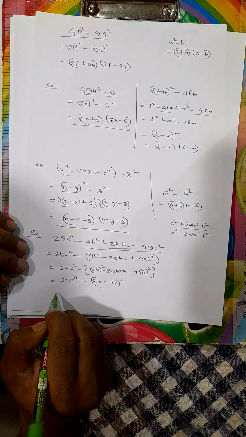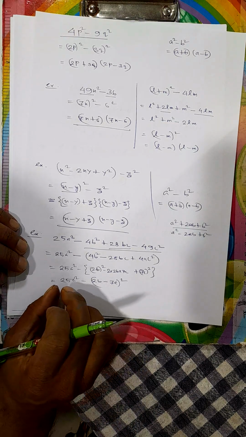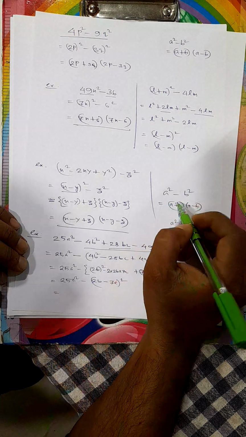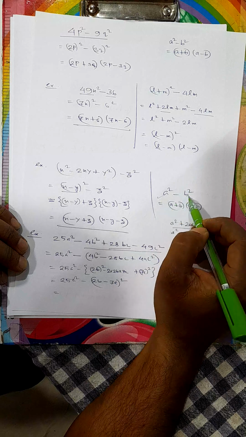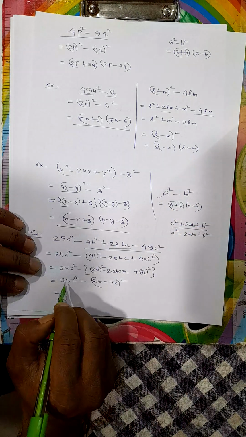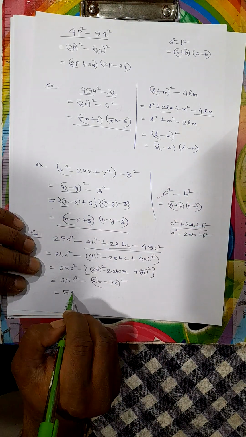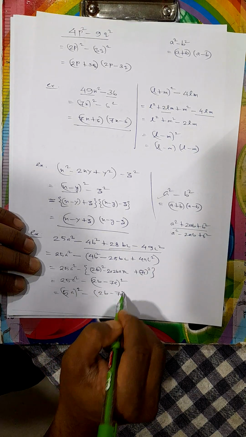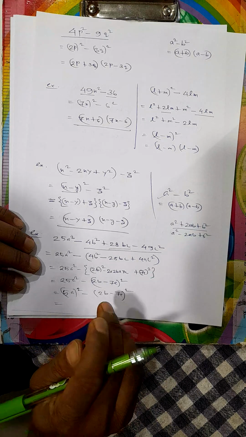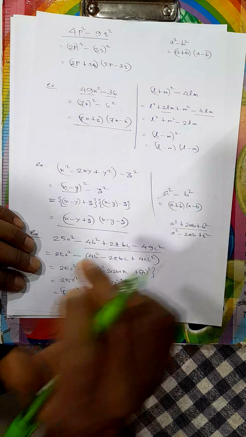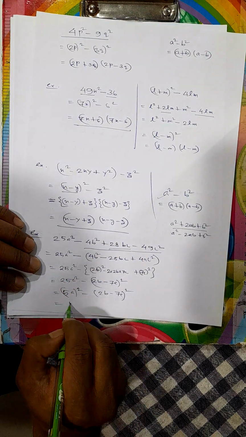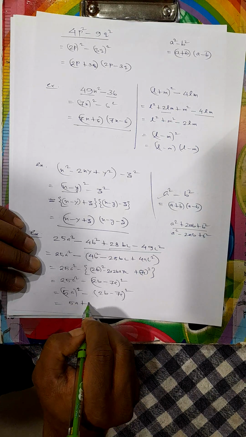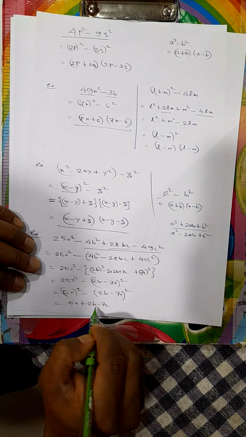Again you got two perfect squares here. So it's a difference of two perfect squares. So you can compare with this identity, a square minus b square. So this you can write as 5a whole square minus 2b minus 7c whole square. So let us treat this as a square minus b square. So a plus b, this is b here.